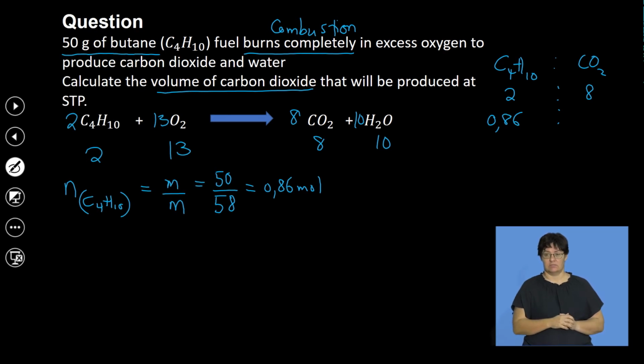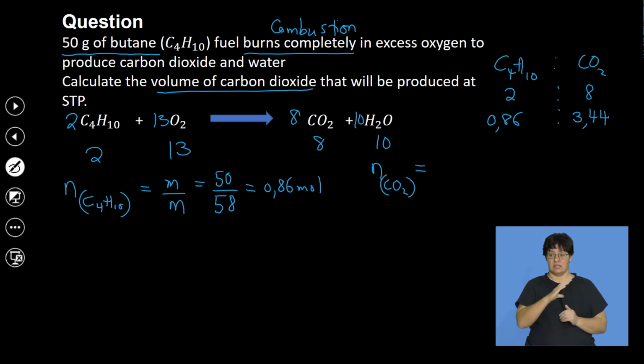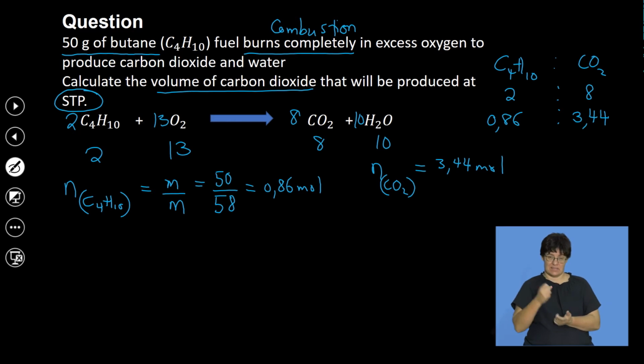So this will produce 3.44 moles. Now we're asking ourselves, if the moles of carbon dioxide is equal to 3.44 moles, what volume will be occupied by that number of moles of carbon dioxide? Okay, so what do we know? We know that a mole of any gas at standard temperature and pressure will occupy a fixed volume, which is the molar gas volume of 22.4, right?